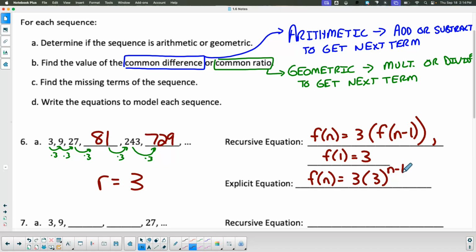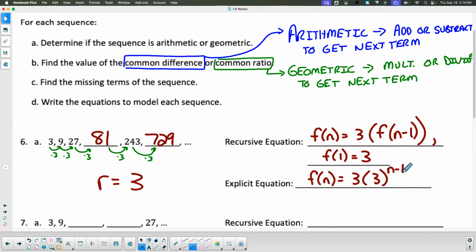Anybody come up with another one right off the top of their heads? How about f of n equals 9 times 3 to the power of n minus 2? Oh yeah.